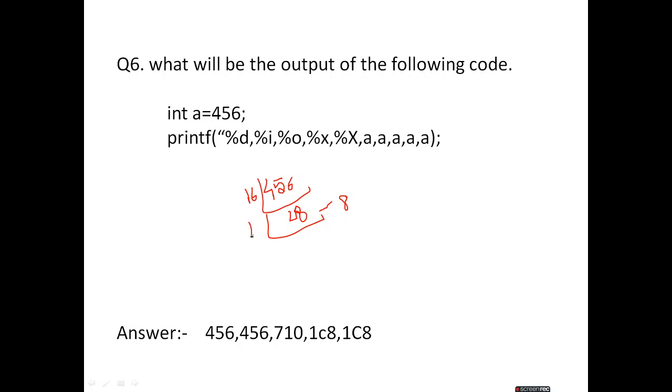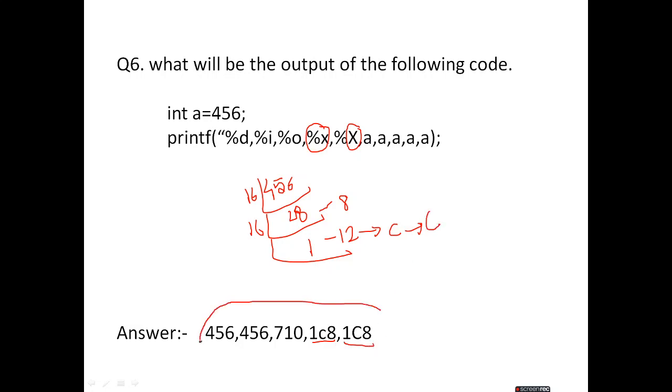And again we will divide by 16, 1 with a remainder of 12. So in hexadecimal representation, 12 is represented with C. So here it is small x, that's why it will be printed as 1c8: 1, small c and 8. And here it is capital X, so it will be converted to capital C. So it will be printed as 1C8.